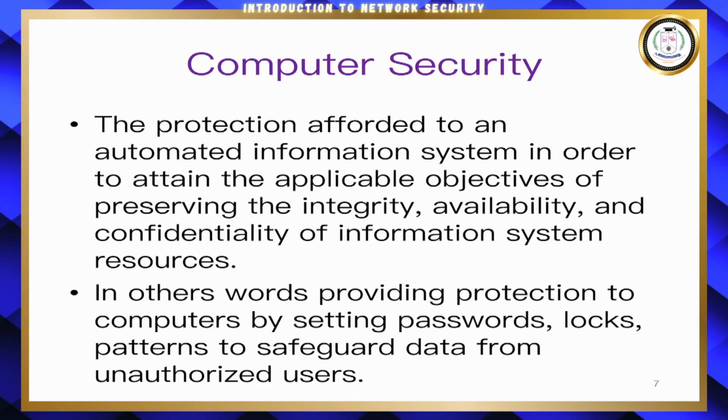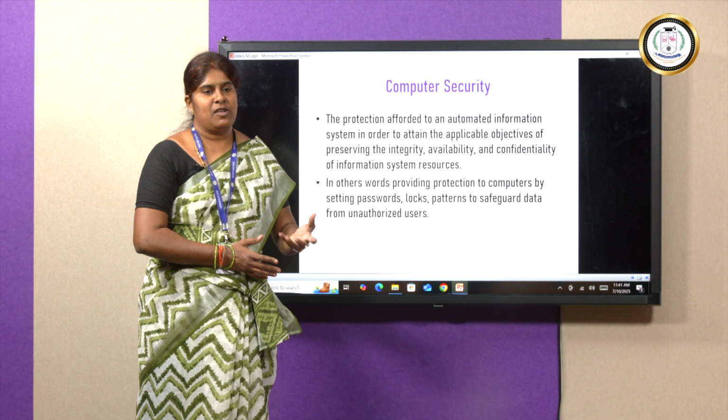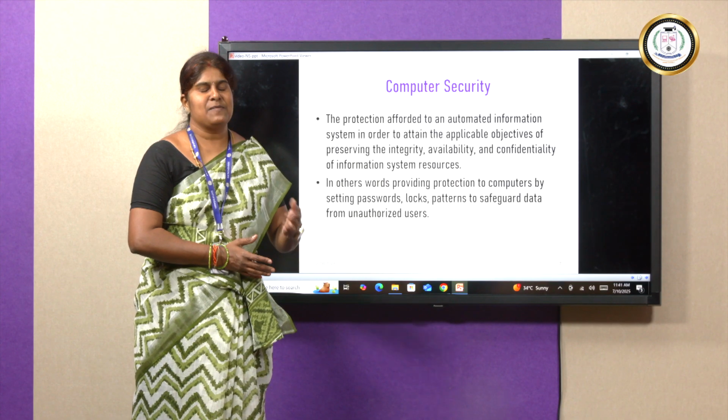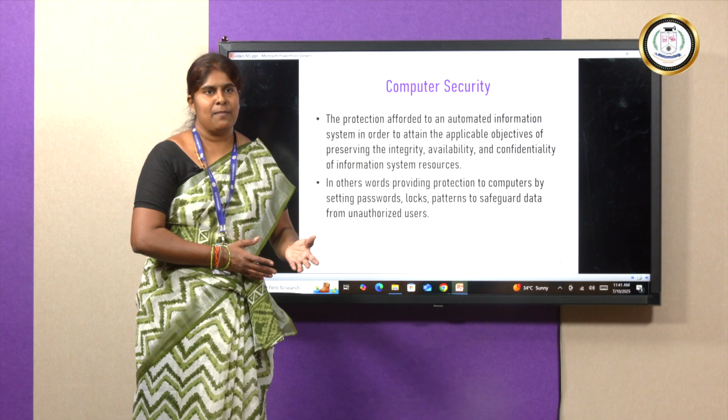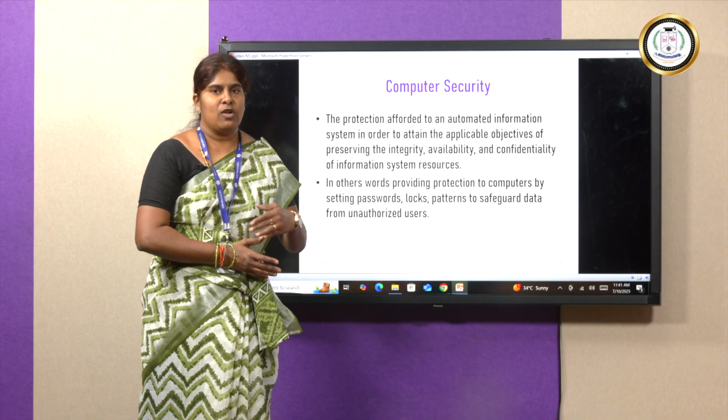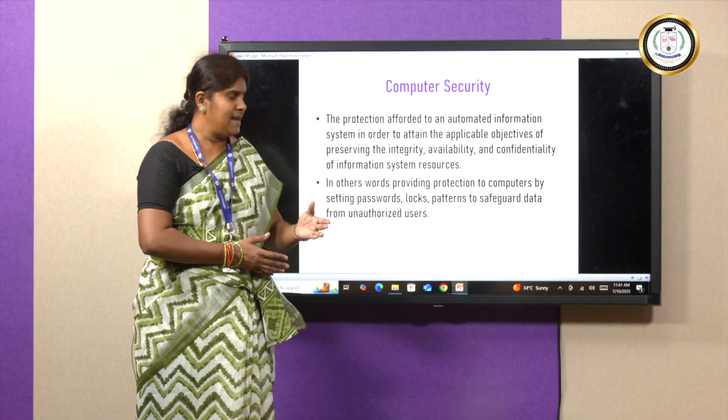We'll see one by one. Computer security is how you provide protection to your computer, like your PCs or laptops. Every system has some data in it, so you can provide protection by setting passwords, locking them, or making patterns so that only authorized persons will be able to access the data.